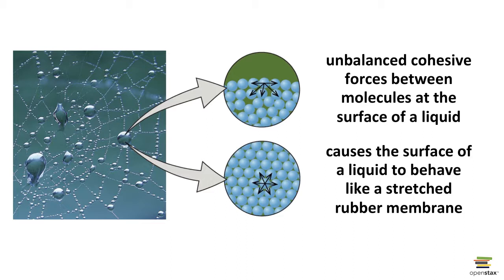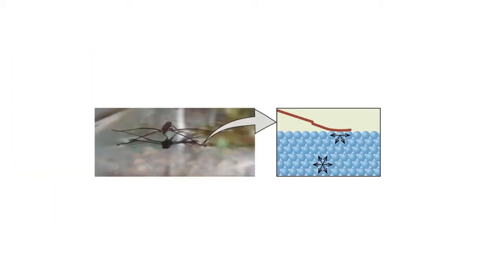For substances that have relatively strong intermolecular forces, such as water, these cohesive forces allow insects to walk on water. This sort of stretchy rubber membrane effect allows an insect leg to not go through the surface of the water.